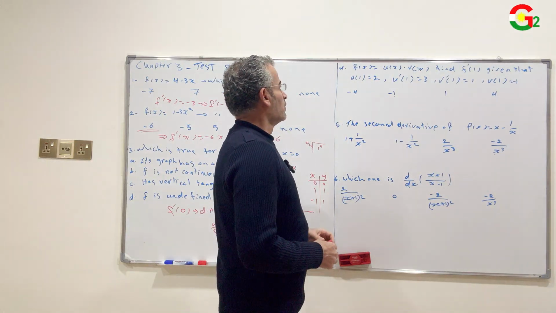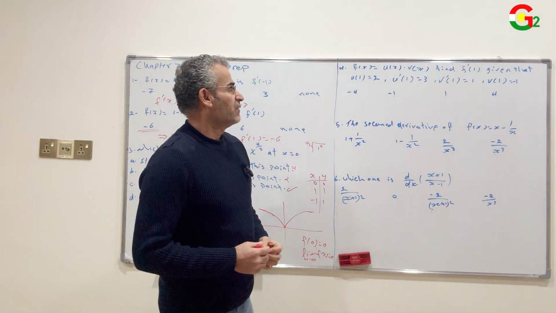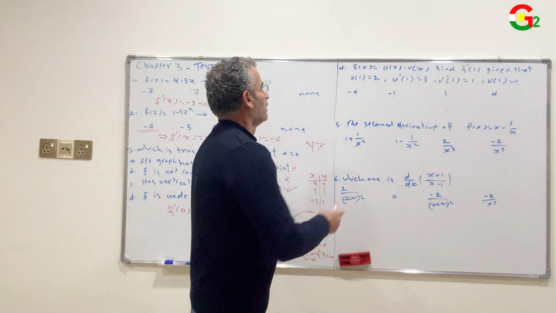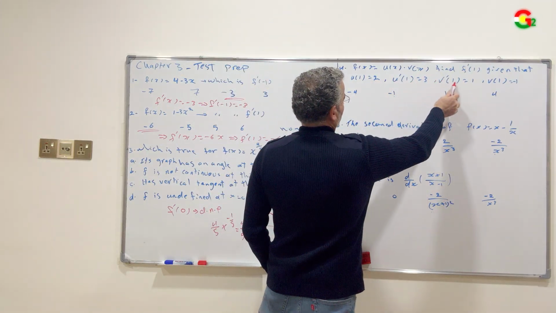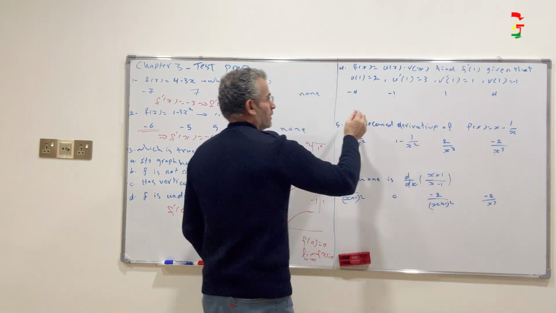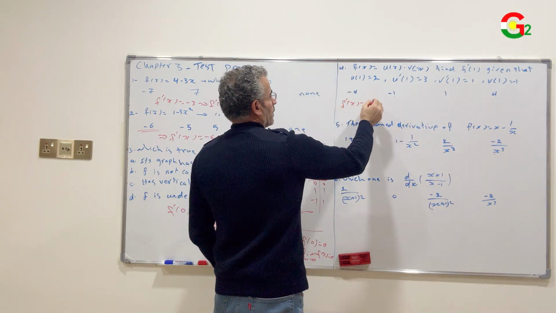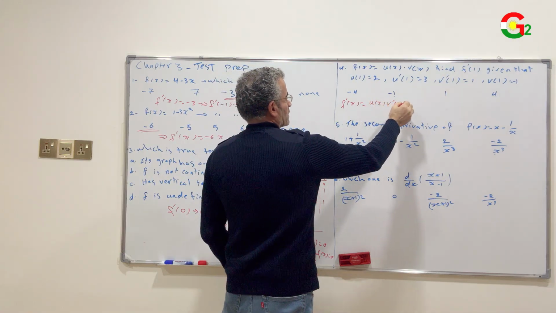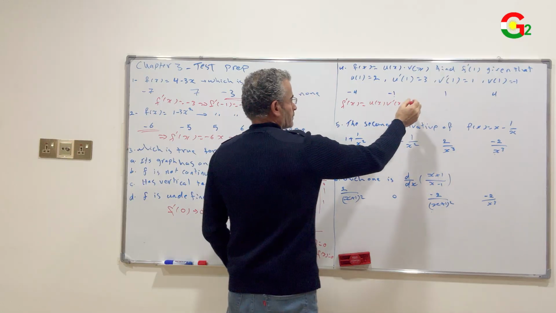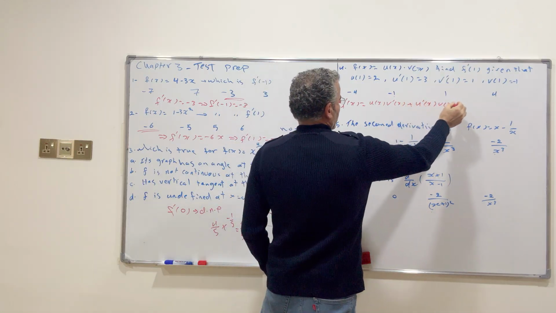Question number 4: f of x equals u of x times v of x. Find f prime of 1, given that u of 1 is 2, u prime of 1 is 3, v prime of 1 is 1, v of 1 is negative 1. F prime of x equals u of x times v prime of x plus u prime of x times v of x.